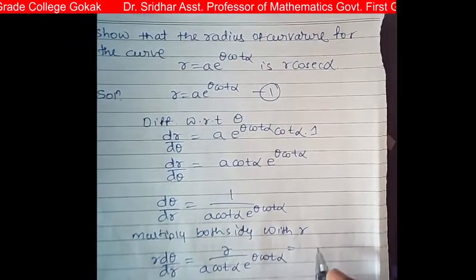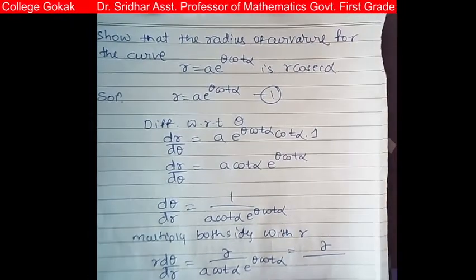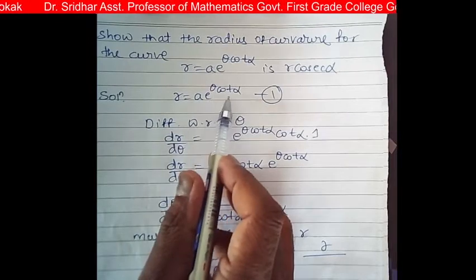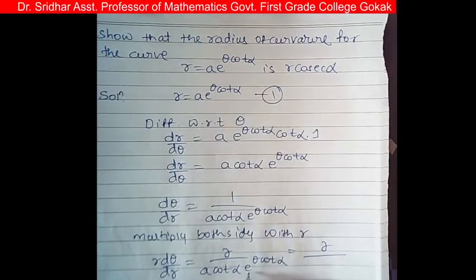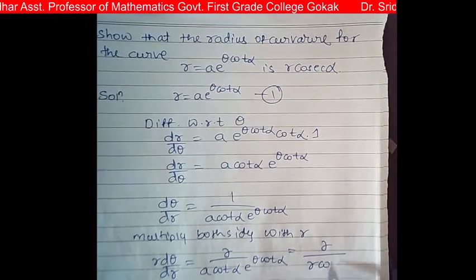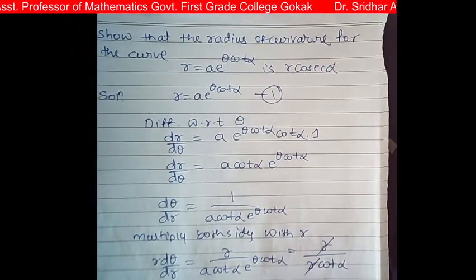Now from the given equation, r is a into e raised to theta cot alpha. So here a into e raised to theta cot alpha takes the form of r, so we get r cot alpha, so r gets cancelled.